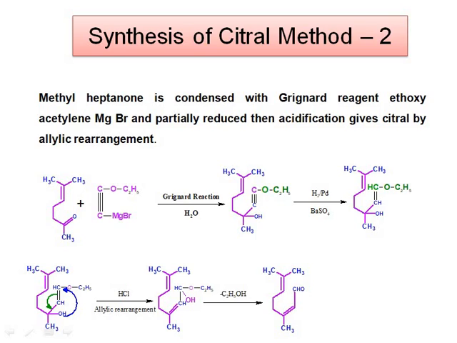Hydrogen and this ethoxide leave as ethyl alcohol, and we form citral. So this is the second method we use to prepare citral from methylheptanone. It is condensed with the acetylene magnesium bromide, then partial reduction, then acidification to give the citral.